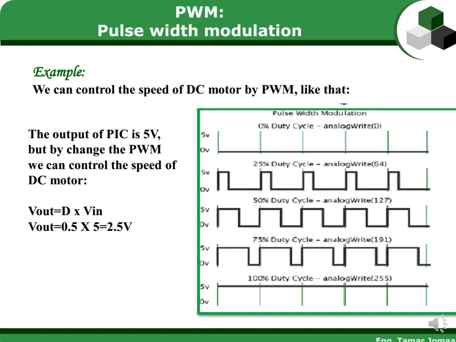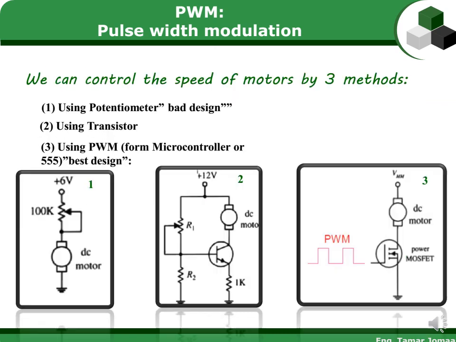By adjusting the duty cycle of the PWM signal, we can generate the voltage on that pin. Example on this slide, if we generate 50% high and 50% low and the output is 5 volts, then the average voltage will be lower.